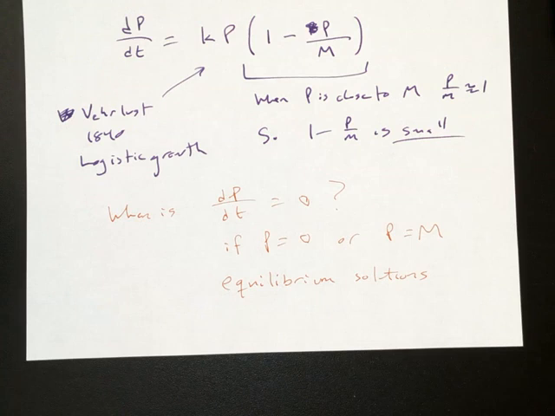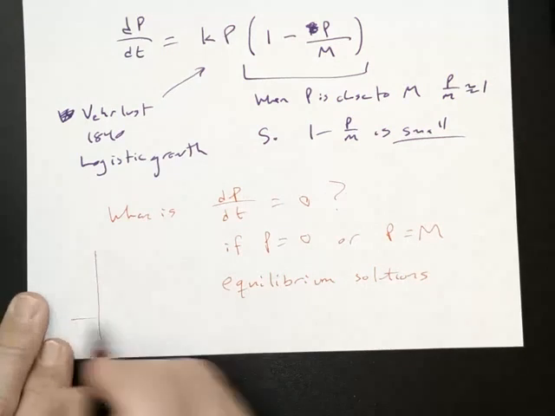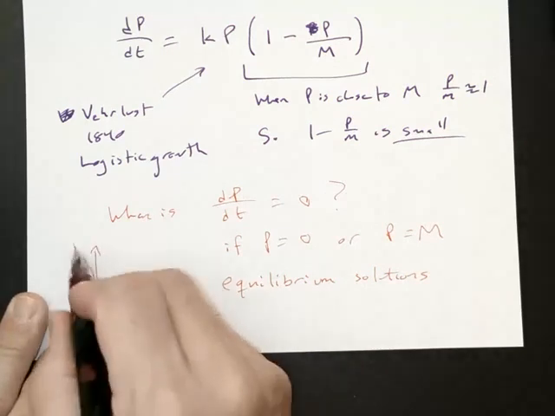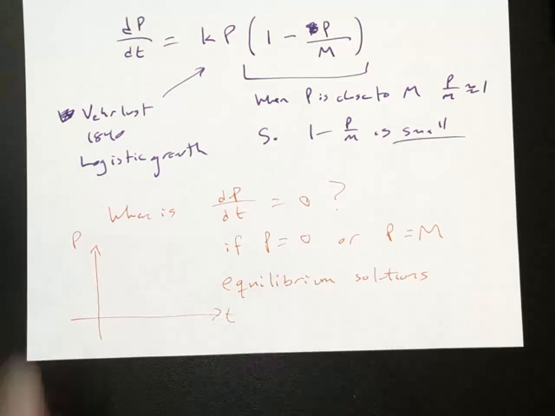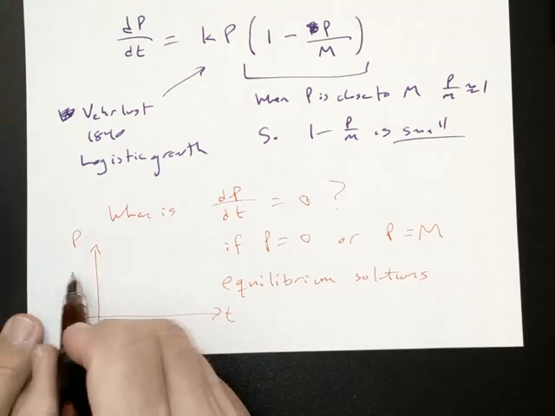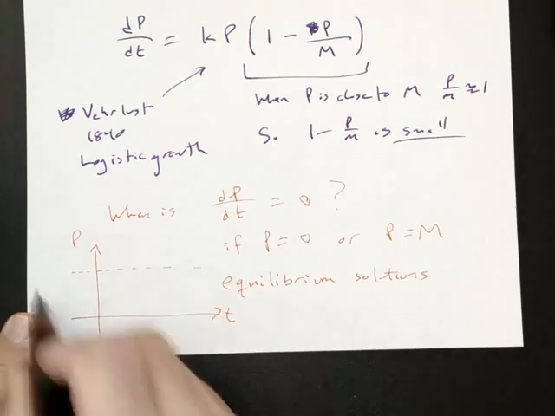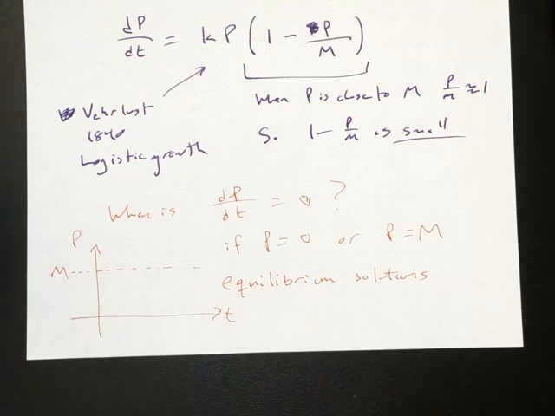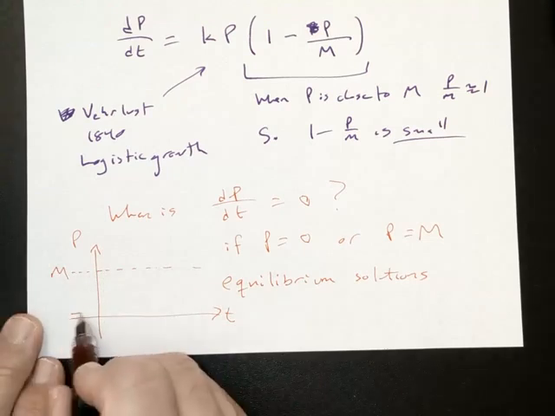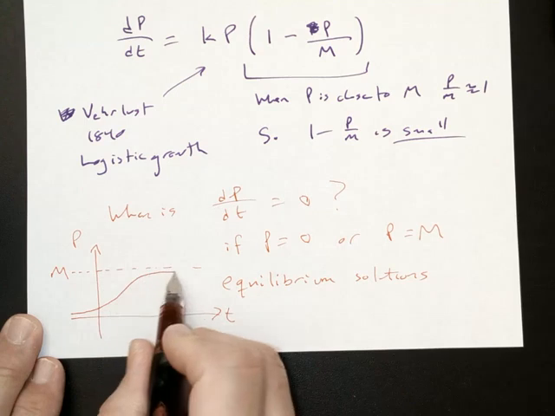And they actually come in several flavors. In our graph for the logistic equation, my axes being labeled P and T, somewhere up here is P equals M. And we see that our equations look like this.